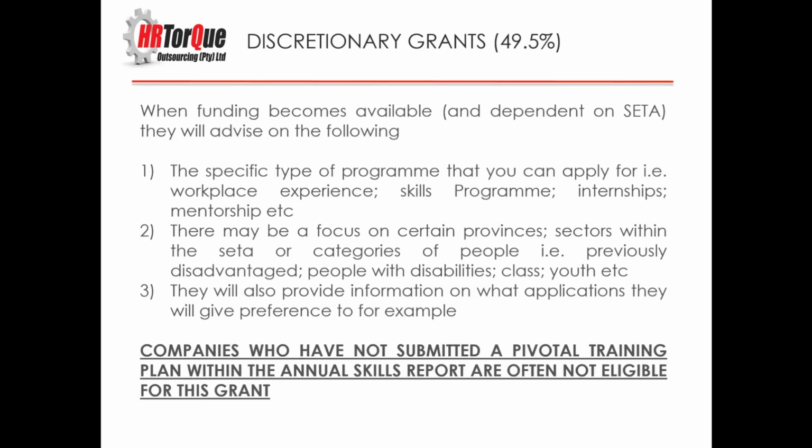And they might have a bigger issue in one particular province. So all of the discretionary funding that becomes available, it could be across the board, they will then say, these are the people that we're looking at. When the funding becomes available, you obviously don't have to apply for all of it, but you can apply for the programs that apply specifically to you.